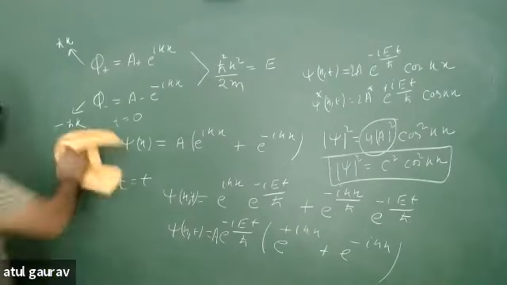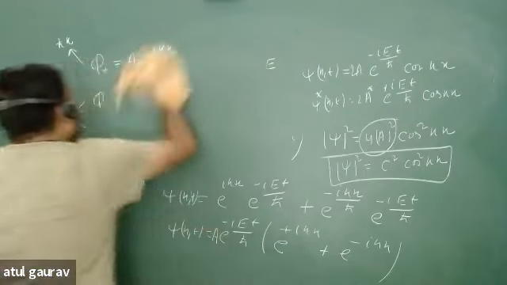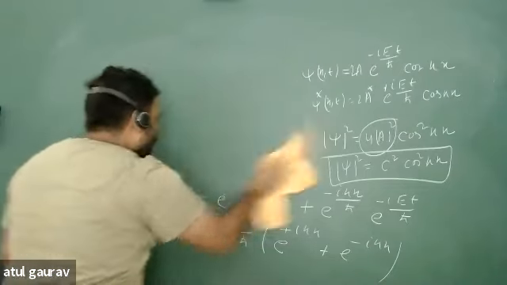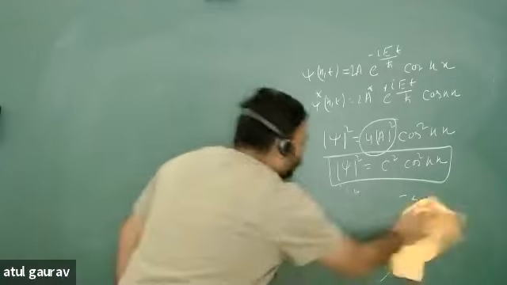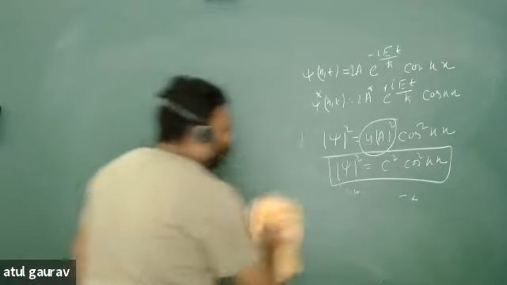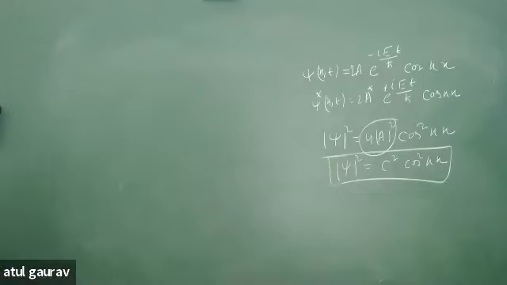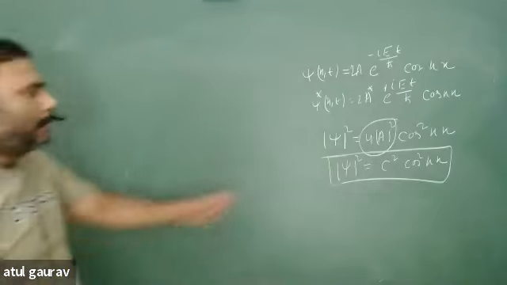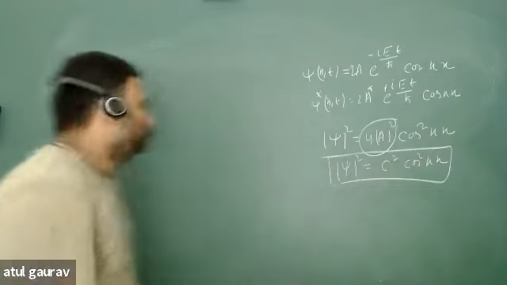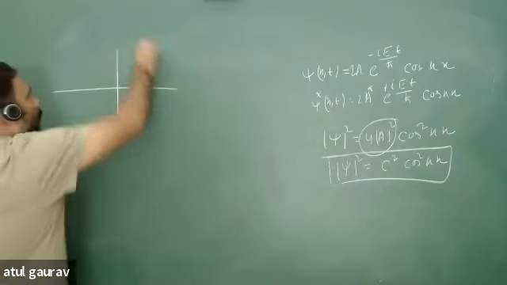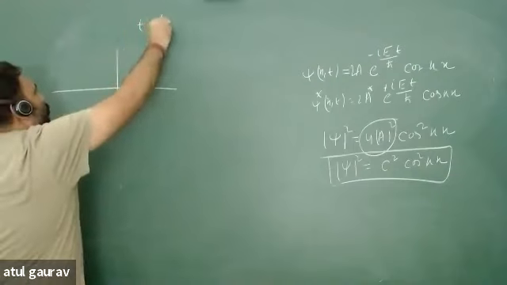Okay, so let's try to understand this. And please, this is a very ideal situation, but it's a very interesting thing. What will happen? I can plot this at some t equal to t.